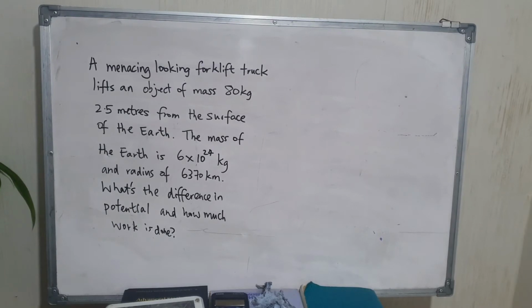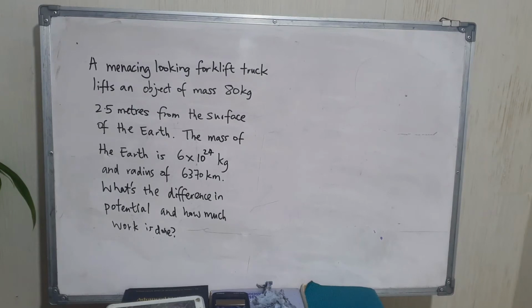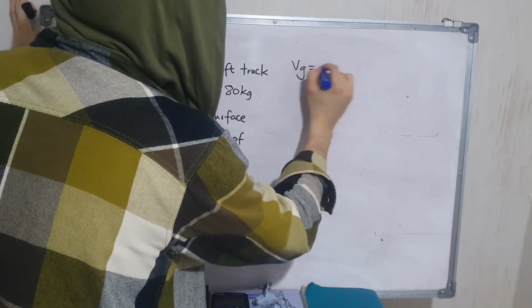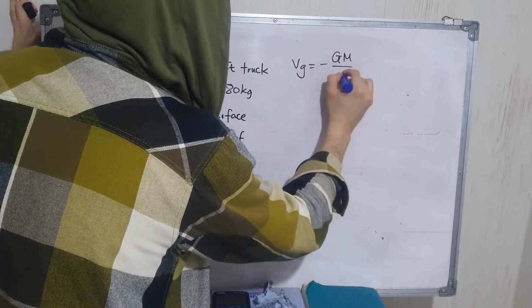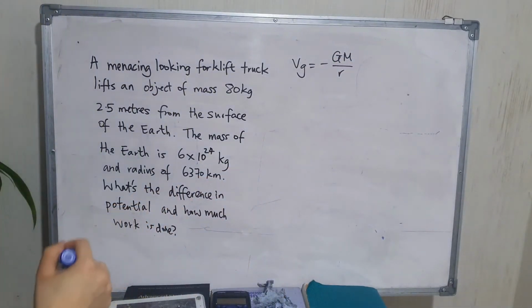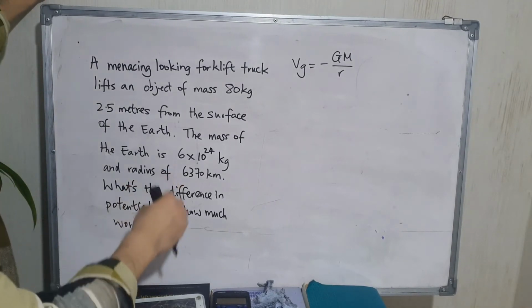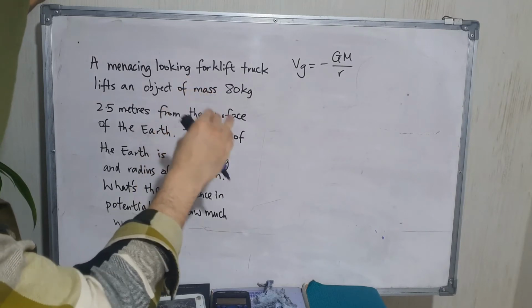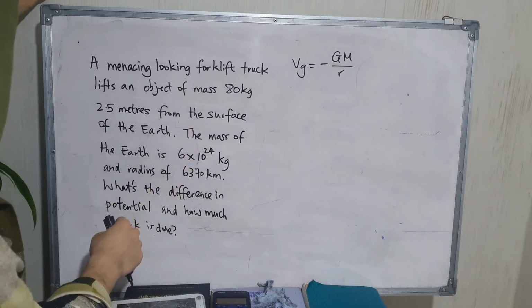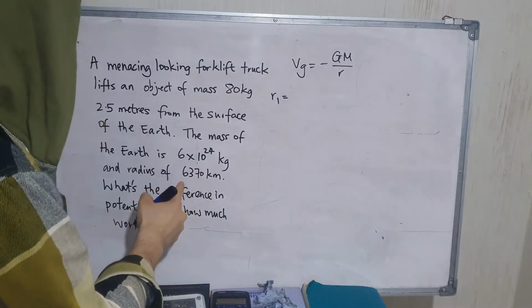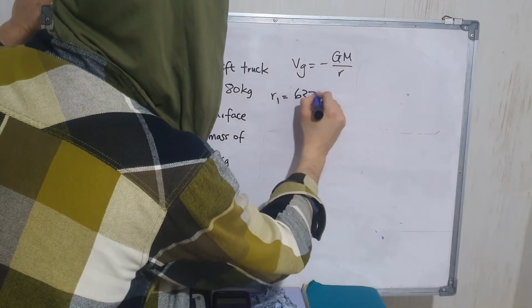Okay, so first, let's work out the gravitational potential. So we need to work out the difference in Vg. Now, what is Vg? Vg is equal to minus GM over R. So assuming that you're on the surface of the Earth, and the radius is 6370, R1 would be 6370.